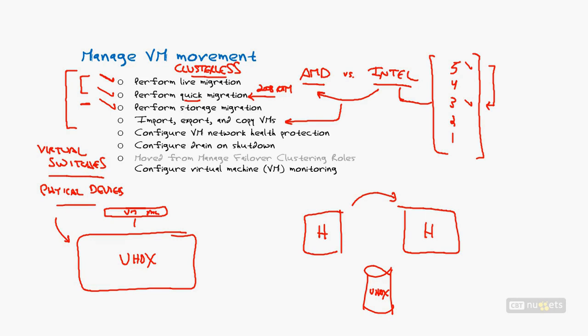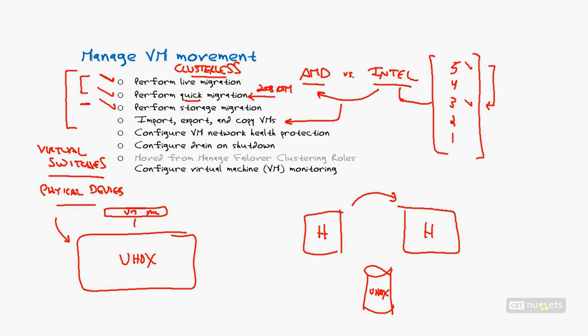Quick migration also uses less bandwidth because there's no syncing of the experience from one host to the other, as it's ensuring that machine never goes down. So if you have a need for a really fast migration, you know how those test questions can sometimes be worded in weird ways. If you need the fastest kind of migration or the one with the least amount of bandwidth, then you're looking at a quick migration.